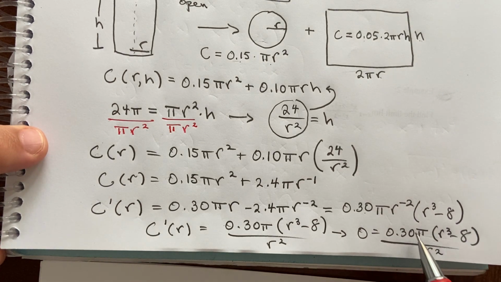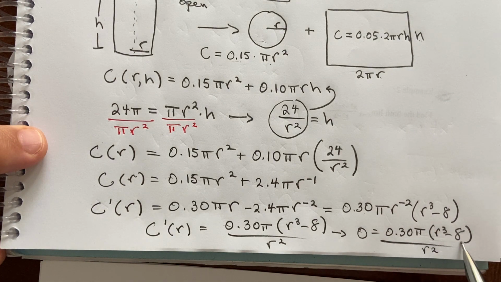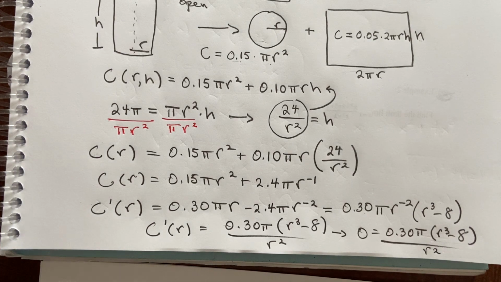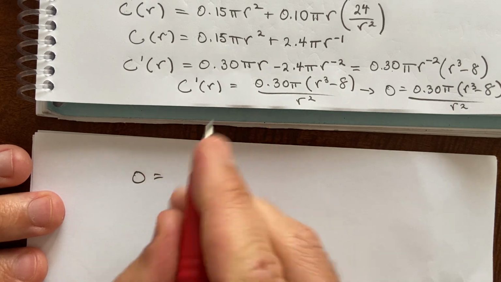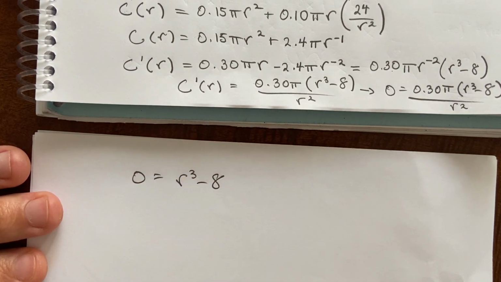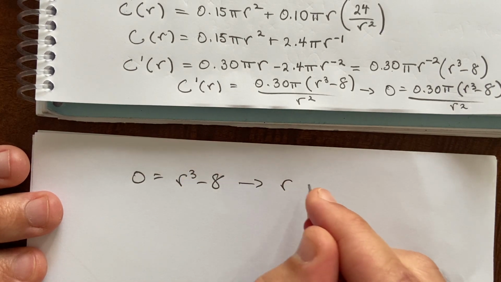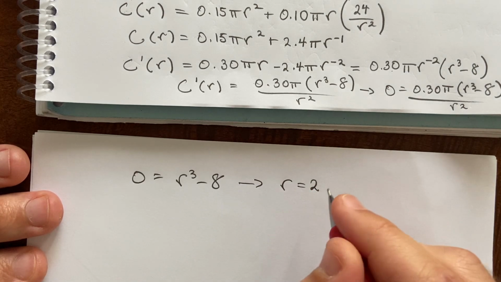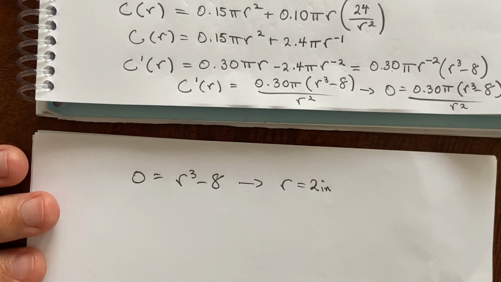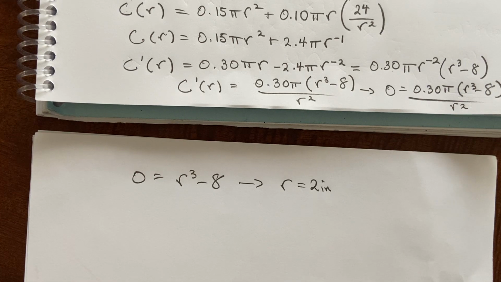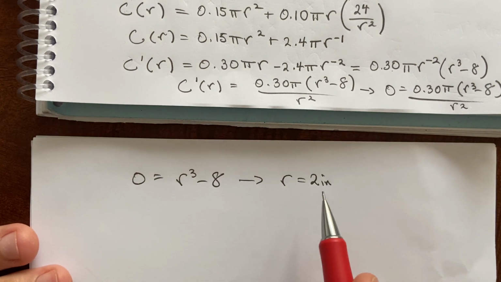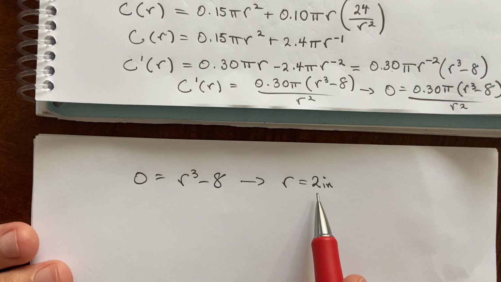This will only equal 0 when r cubed minus 8 equals 0, so I'll just focus on it. Solving that means we want the radius to be 2 inches. So here's the radius we want to use.